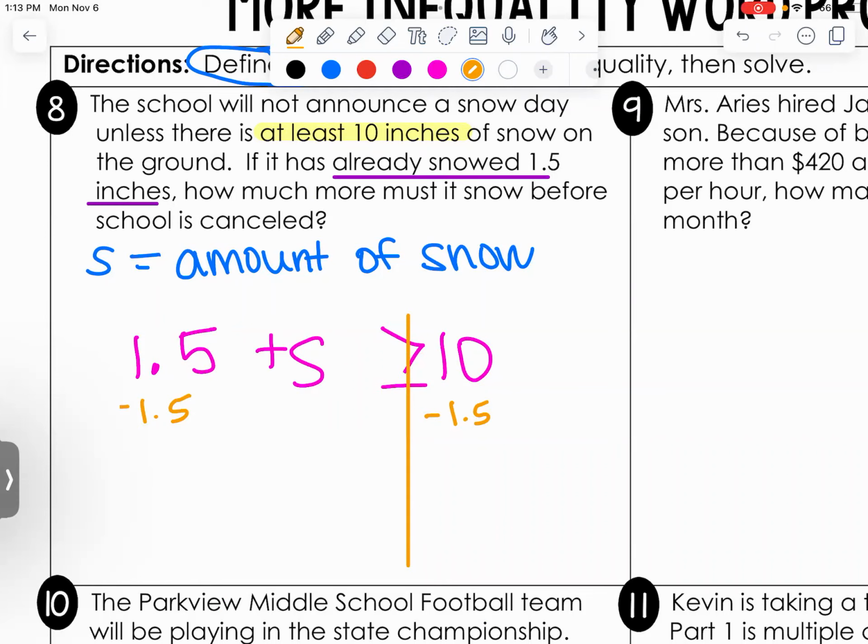Yes, you can use a calculator. So if we undo our addition, S is greater than or equal to, Caesar, what's 10 minus 1.5? Yeah, it is.